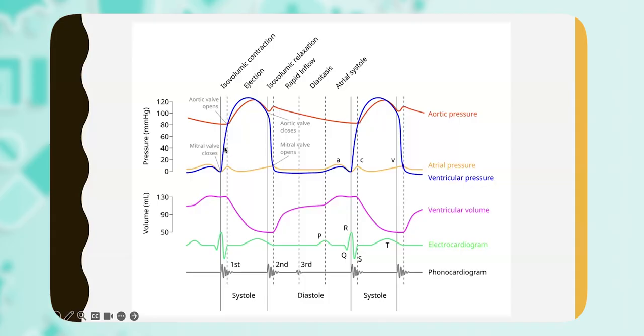Initially, it is isovolumetric, and then whenever the pressure rises and becomes more than the aorta, the aortic valve, or the pulmonary valve in case of the right-sided heart, opens, and there is blood flow into the arteries, and hence aortic pressure is at the highest point here, right? After this is the small period of isovolumetric relaxation, after which the AV valves again open, and these are the diastolic phase. This is the diastole, from T to P in the electrocardiogram.